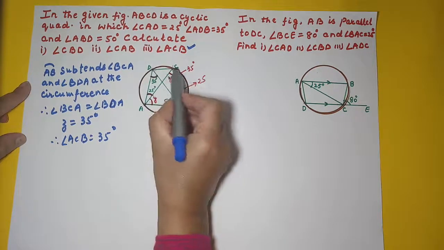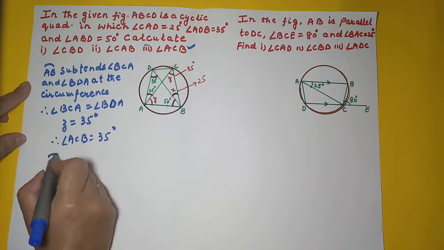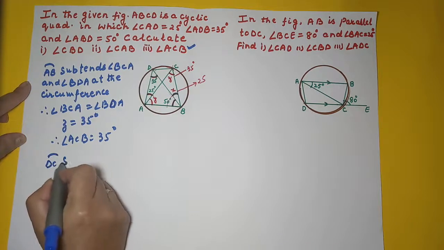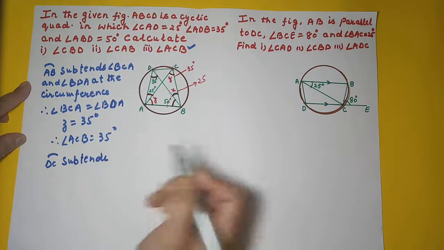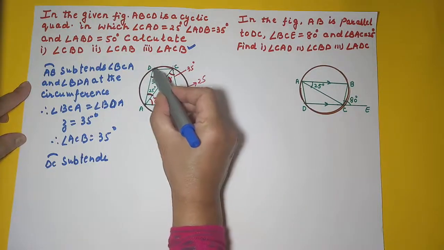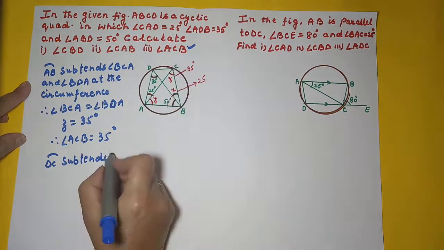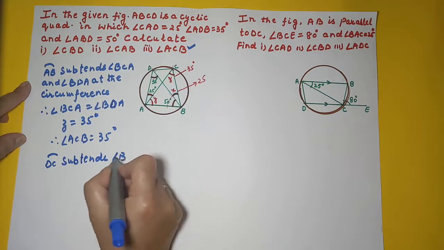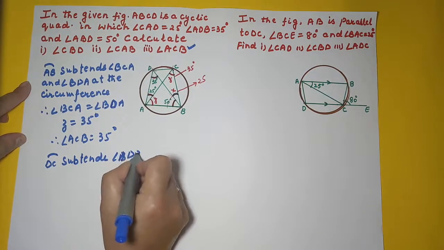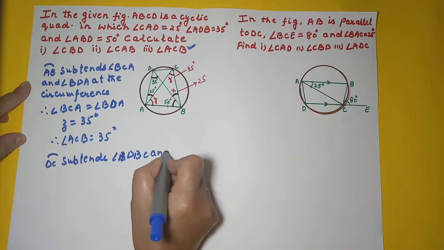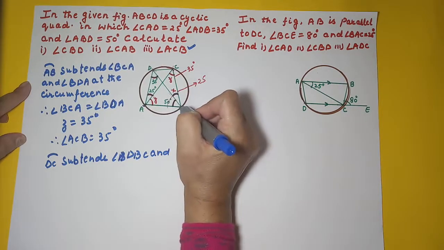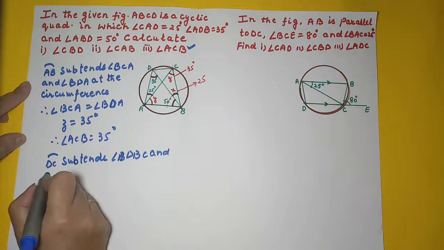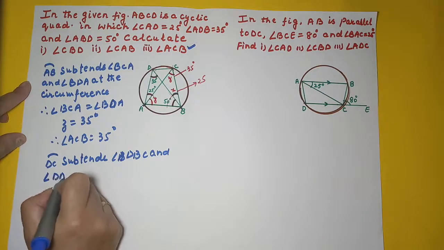Now for that, arc DC. So we will write arc DC subtends which two angles? Angle DBC and DAC at the circumference.